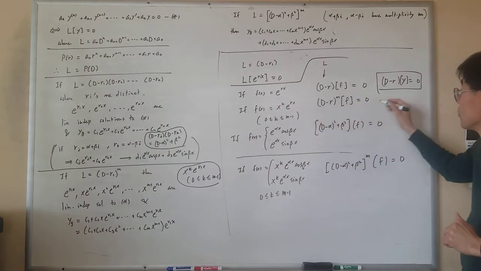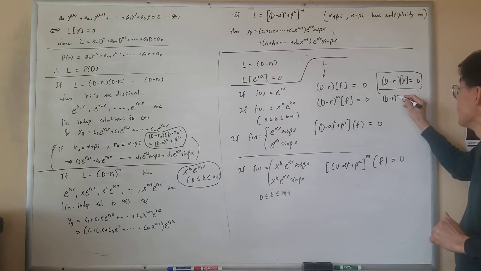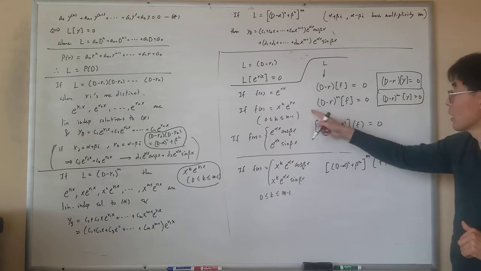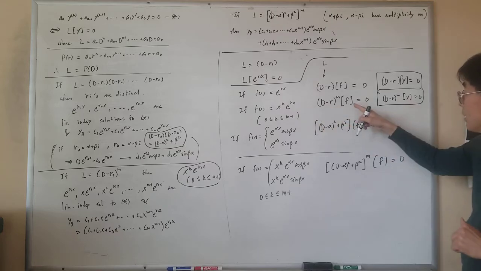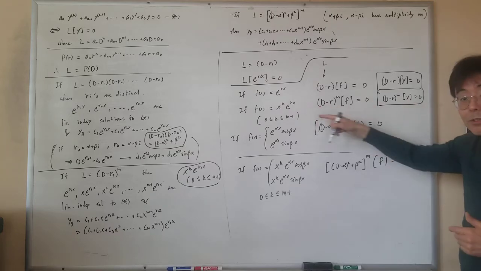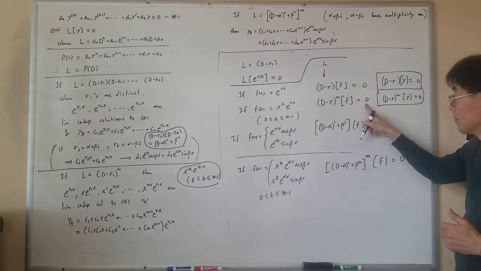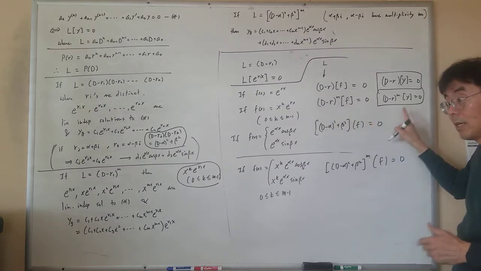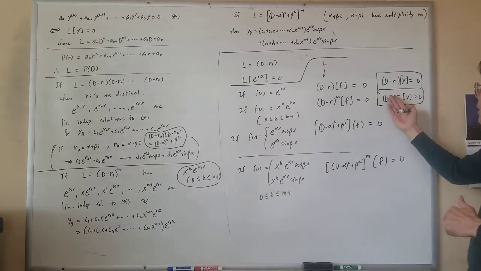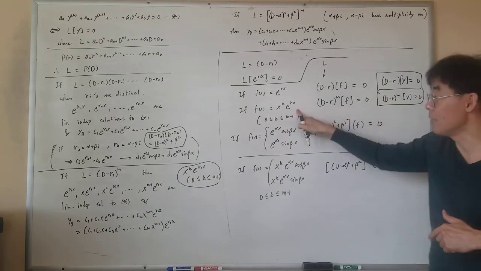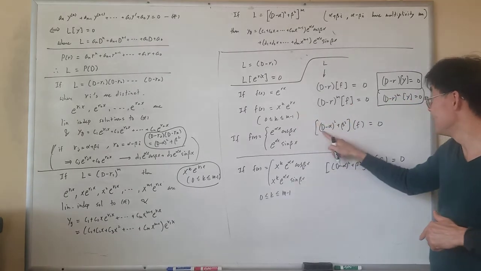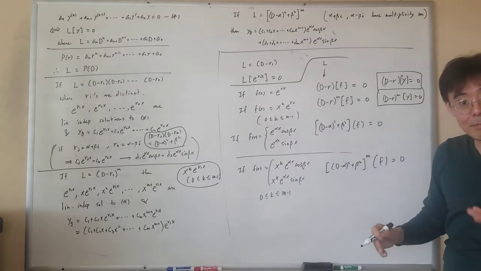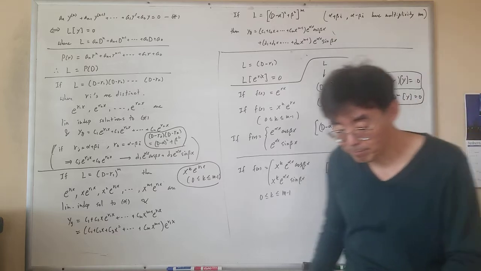This is also a solution for this differential equation, meaning that when you substitute this function for y, you get identically 0. We want to say that this linear operator annihilates this function. This linear operator annihilates this function and this function. It's the same thing, but a different way of saying it, right?